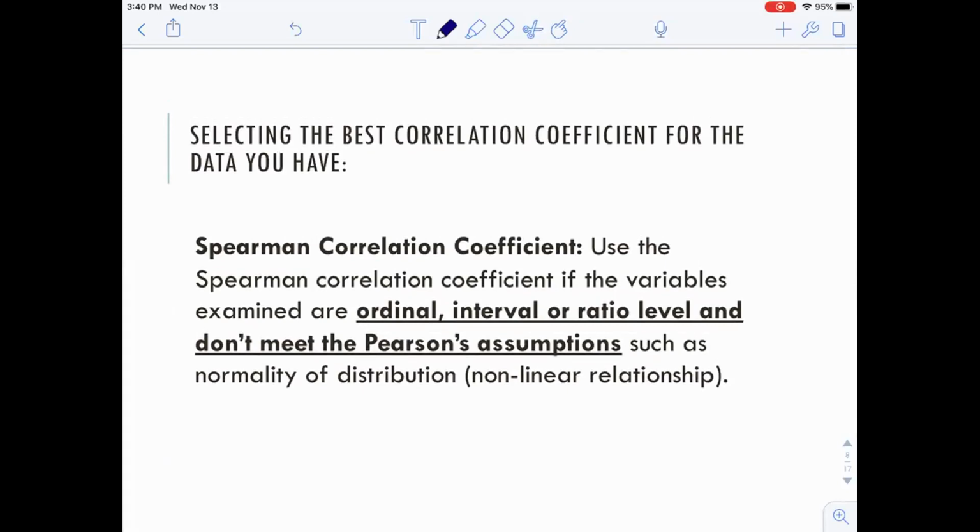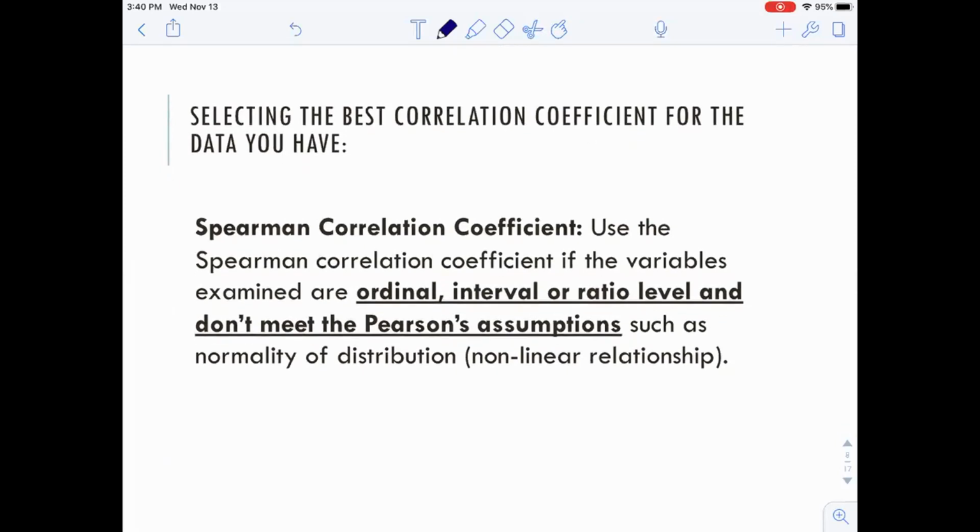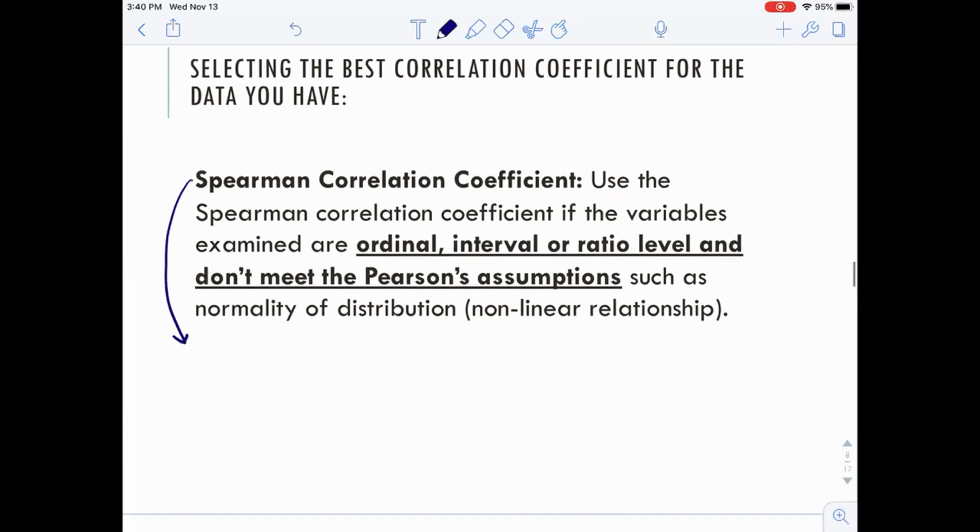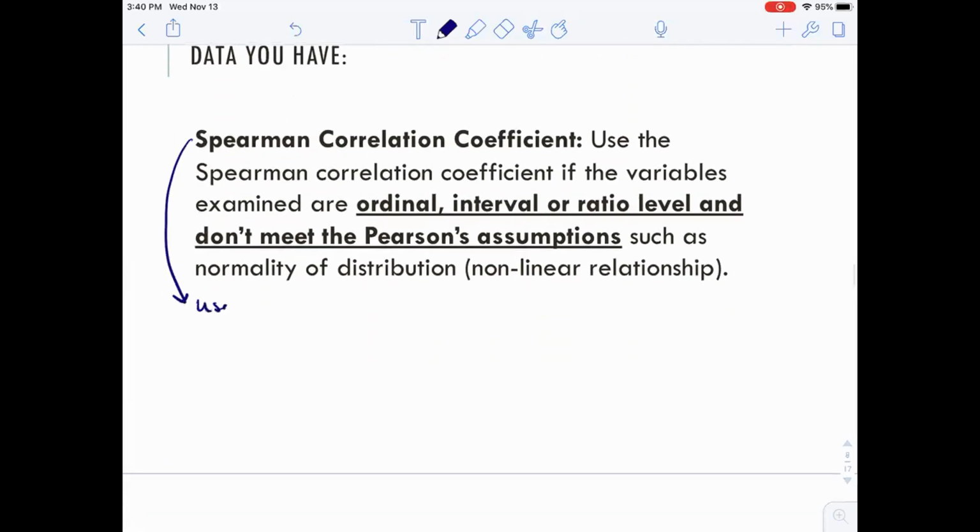The Spearman correlation coefficient is, and I'm just going to jump right to it, used if we have a non-linear relationship.